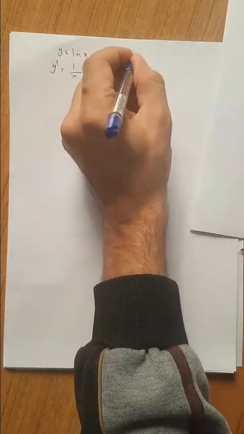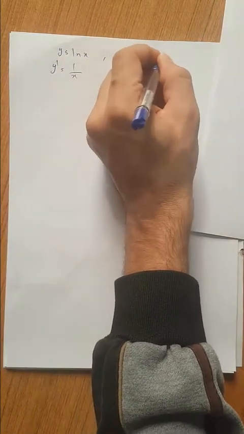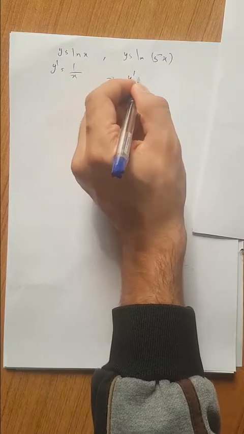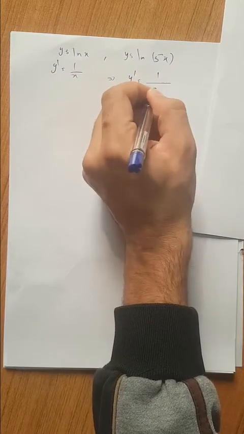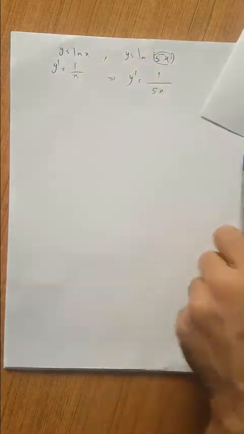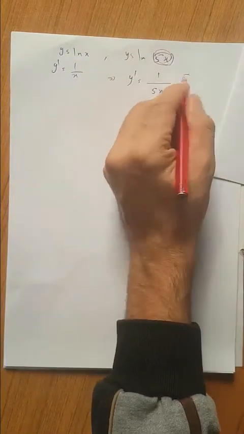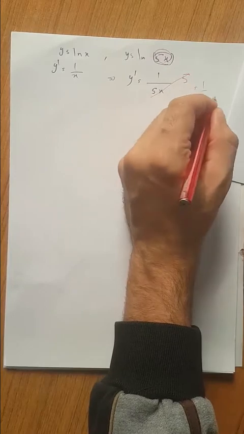So if you have y is equal to ln of, for example, 5x, the derivative will be 1 over 5x, but do not forget to also multiply by the derivative of the inside. We have a 5, so again you'll get 1 over 5x.